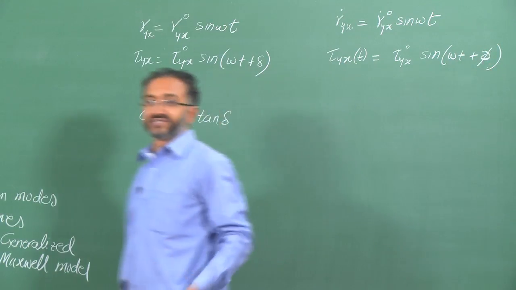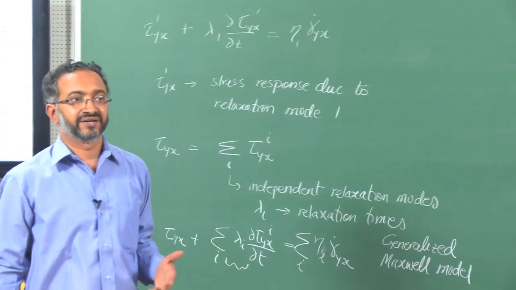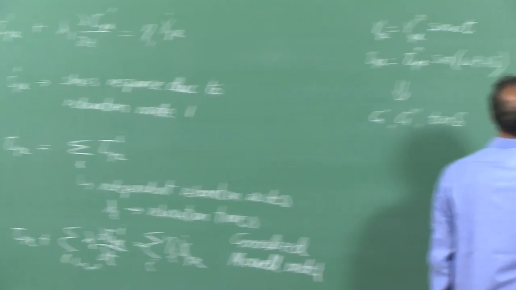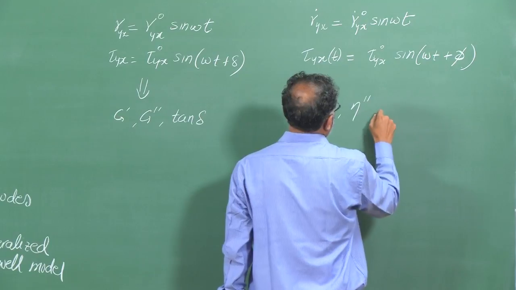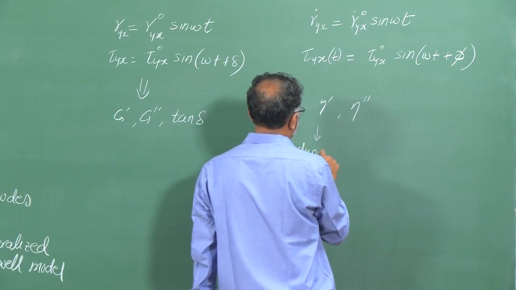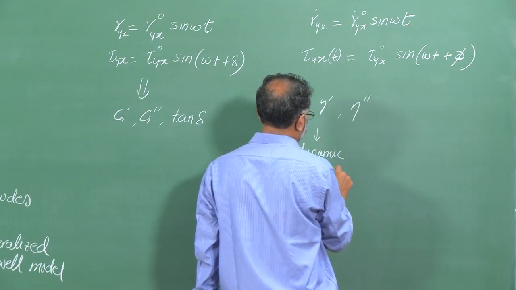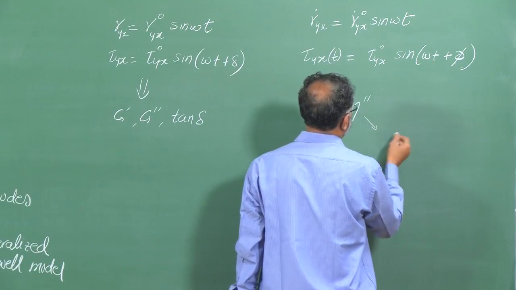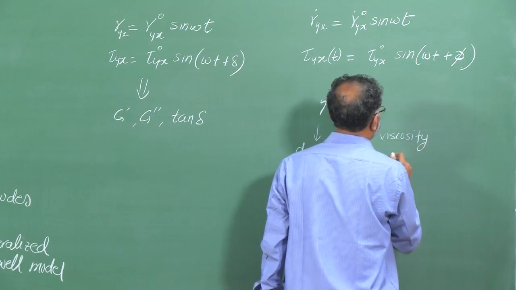So, some phase difference, and out of this then we can define the viscosity of the material, and we can again define this as the dynamic viscosity, and this is just the viscosity which denotes the elastic contribution.